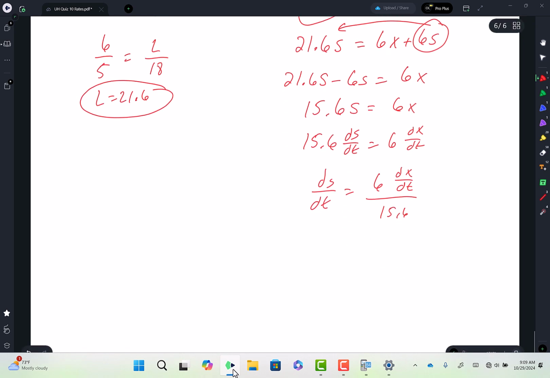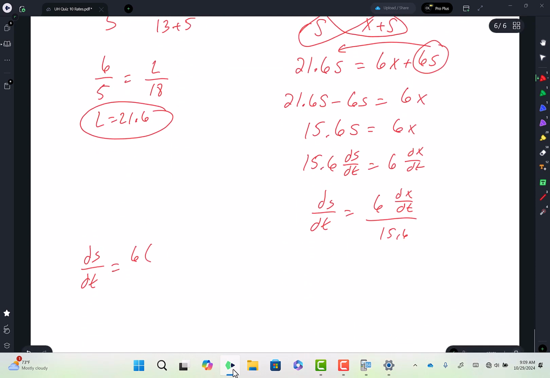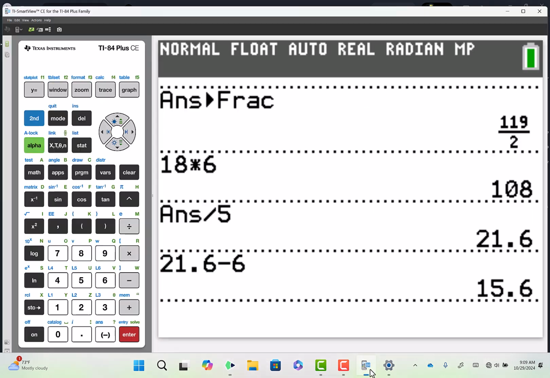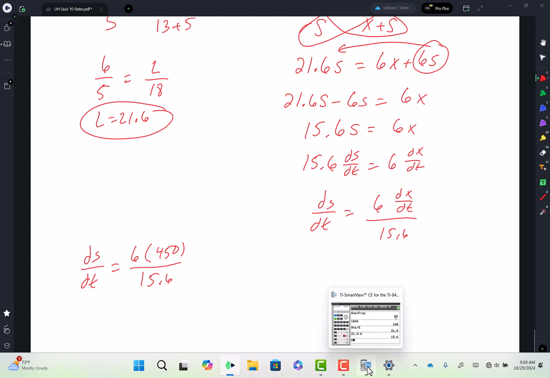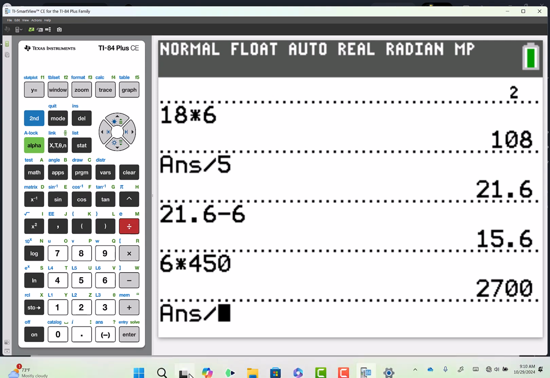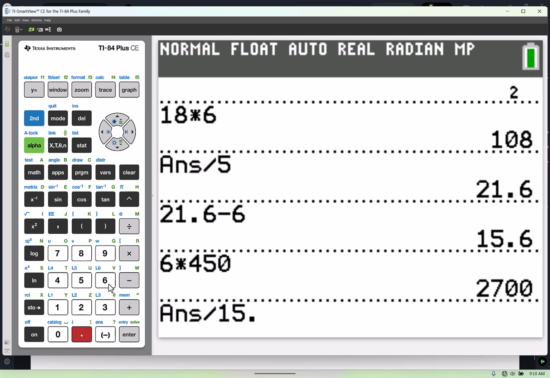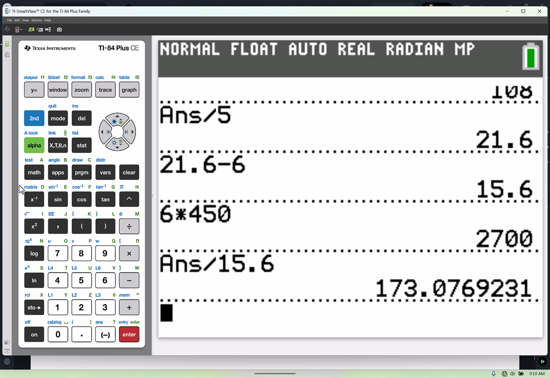And I know what dx/dt is, 450. So ds/dt equals 6 times 450 divided by 15.6. Let me take my calculator. 6 times 450, enter, divided by 15.6. Enter. Math, fraction, enter.